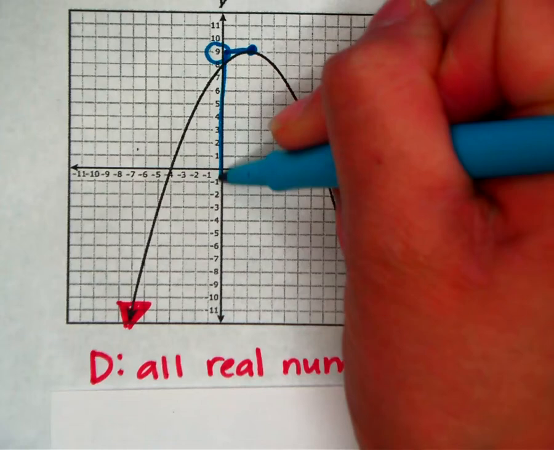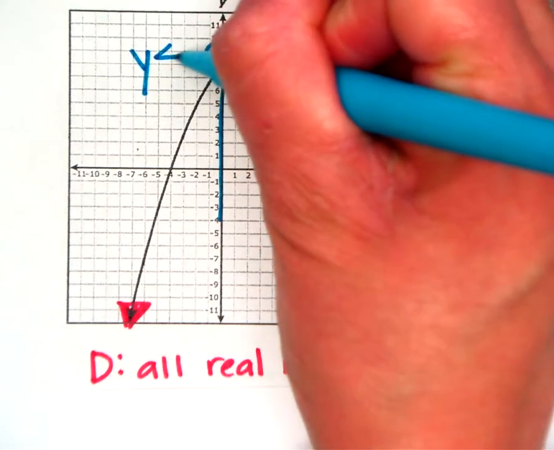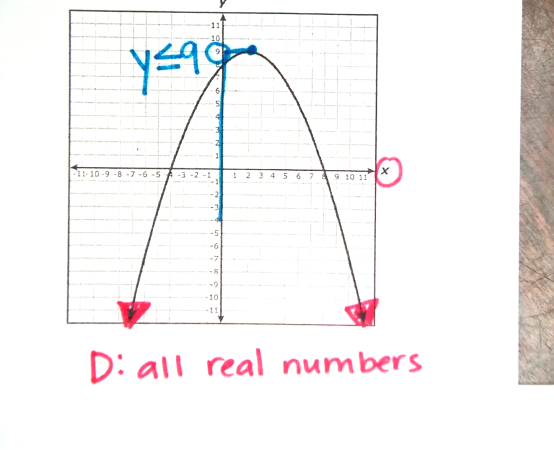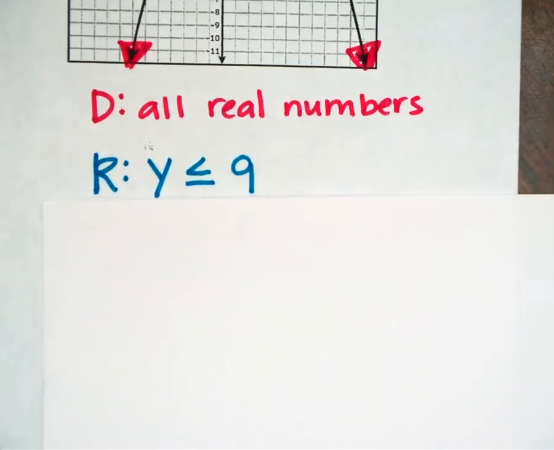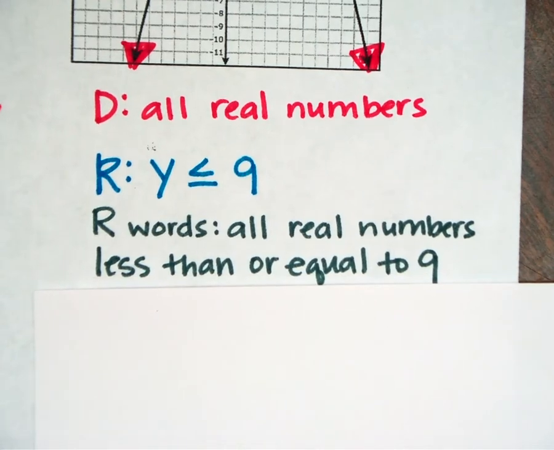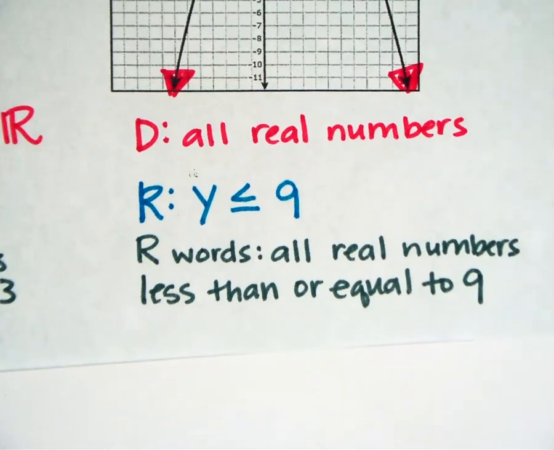If they're including all the values below, y is going to be less than or equal to 9. So your range includes 9, and you say that in words, all real numbers less than or equal to 9. So when your graph is facing down, it's a less than or equal to symbol. When your graph is facing up, it's a greater than or equal to for the y's.